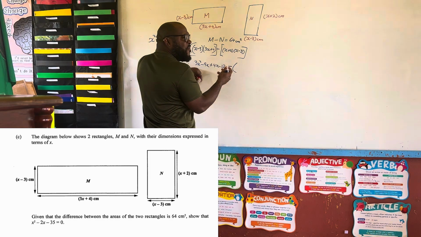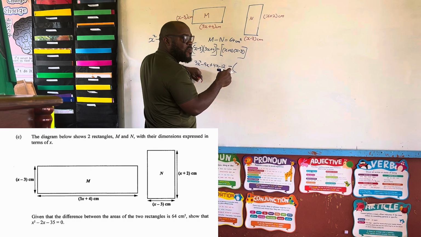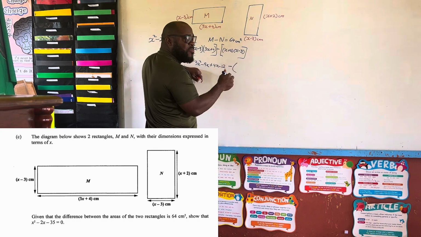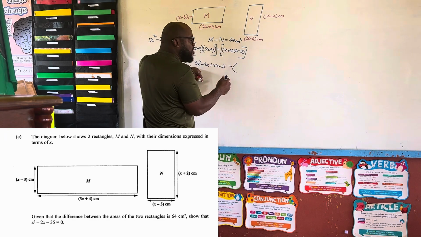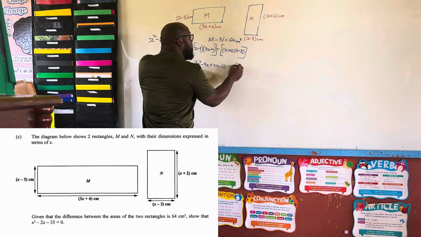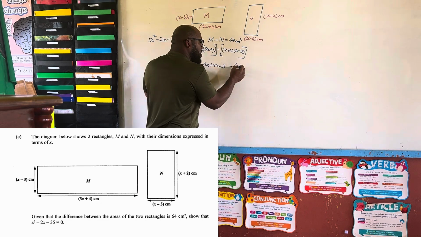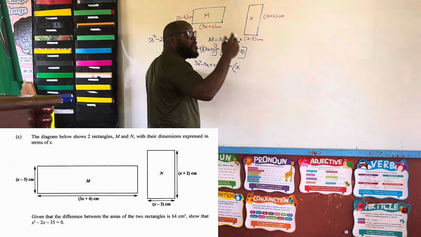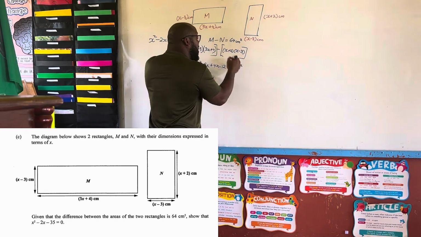FOIL. Okay, Jenny. Yes, Jenny, let's go. x times x is x squared.